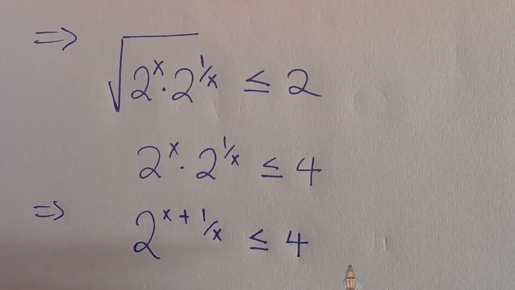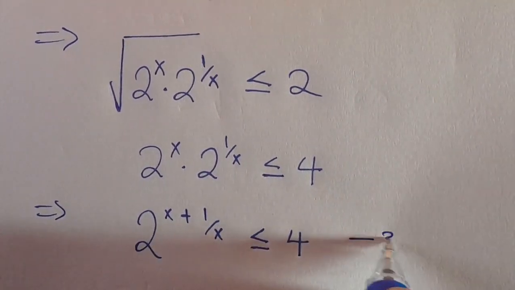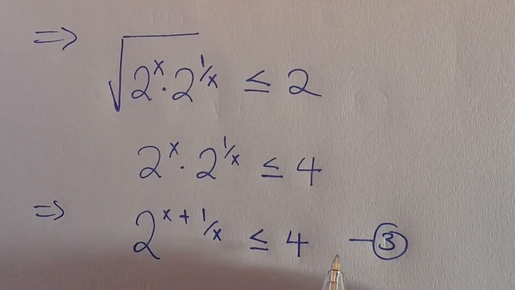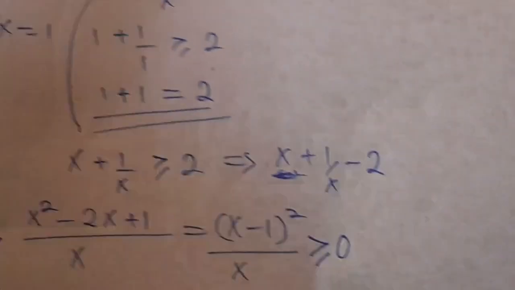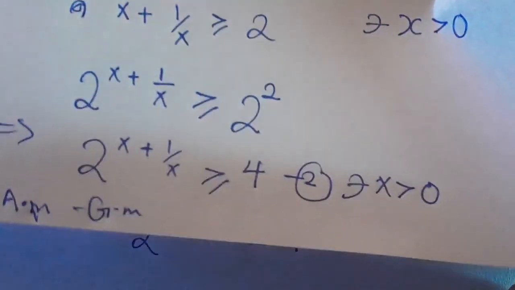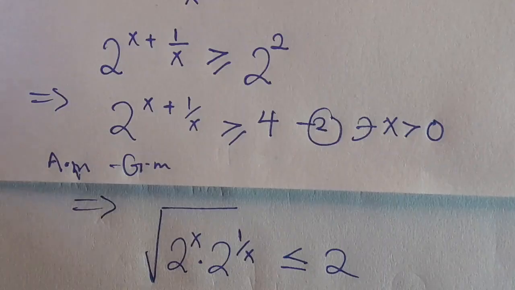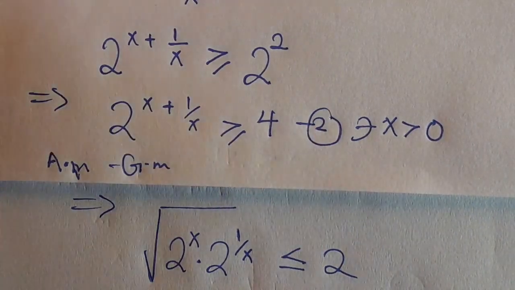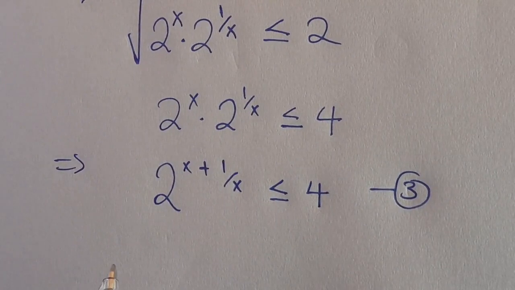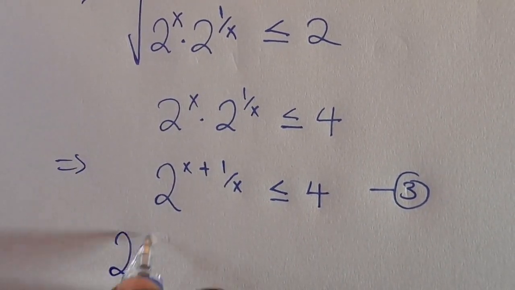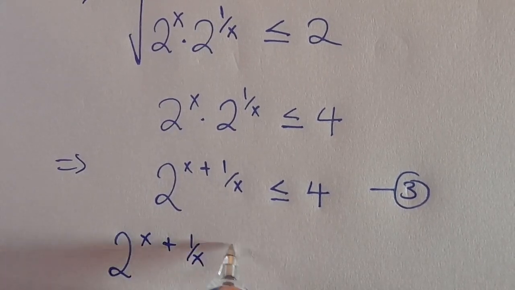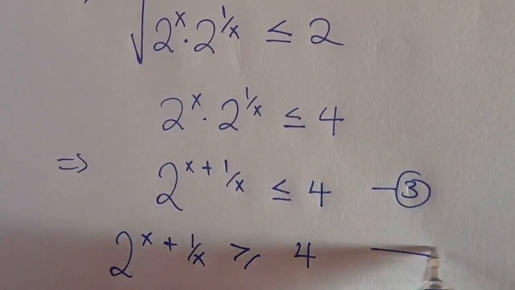So we name this equation 3. Now, looking at equation 3, compare it with equation 2 from here. We have 2^(x + 1/x) greater than or equal to what? 4. This is equation 2.